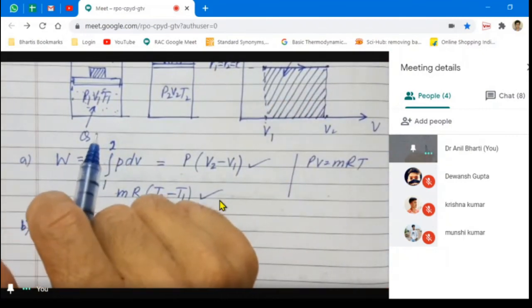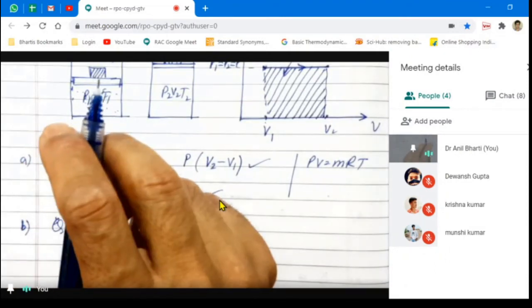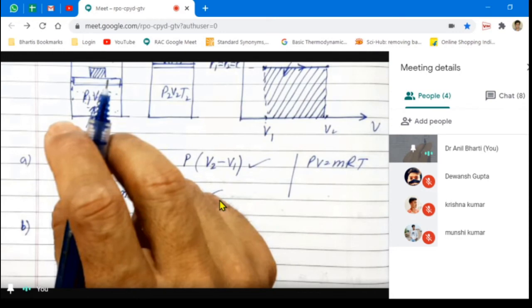Similarly, next we can find out the change in internal energy.